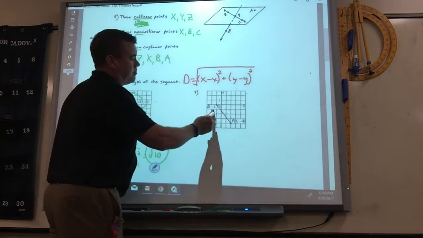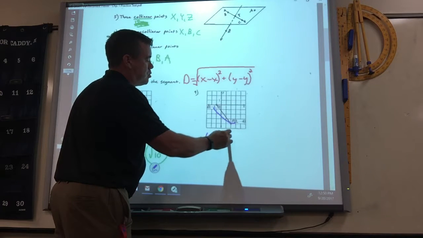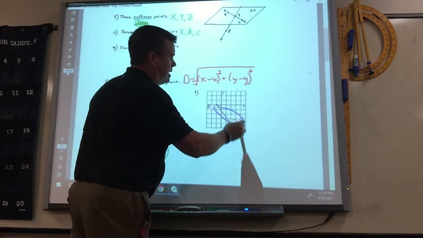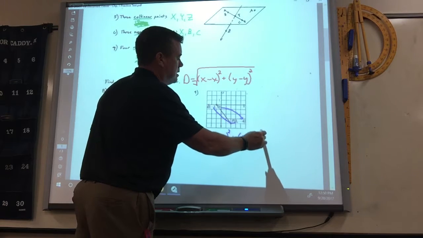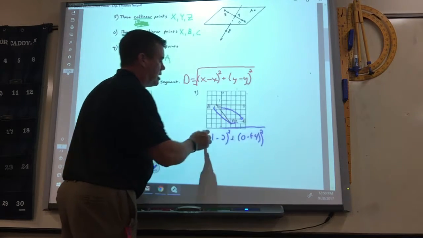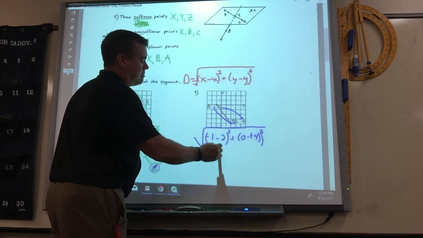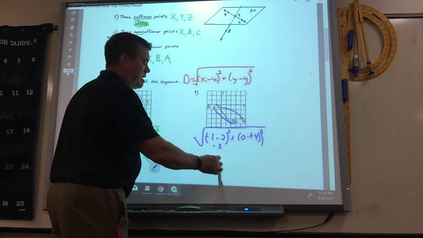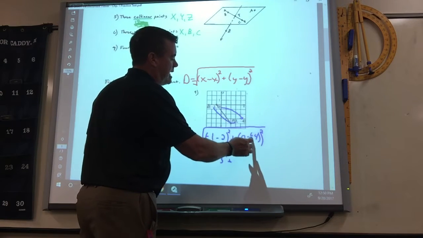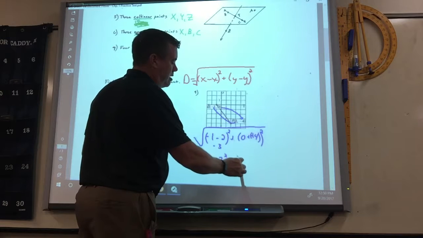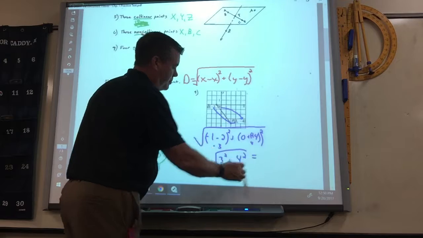Number 9, x minus x squared plus y minus y squared, square rooted. Negative 1, take away 2 is negative 3, so just drop that off and do 3 squared. 0, take away a negative 4 is 4 squared, and then you square root it.